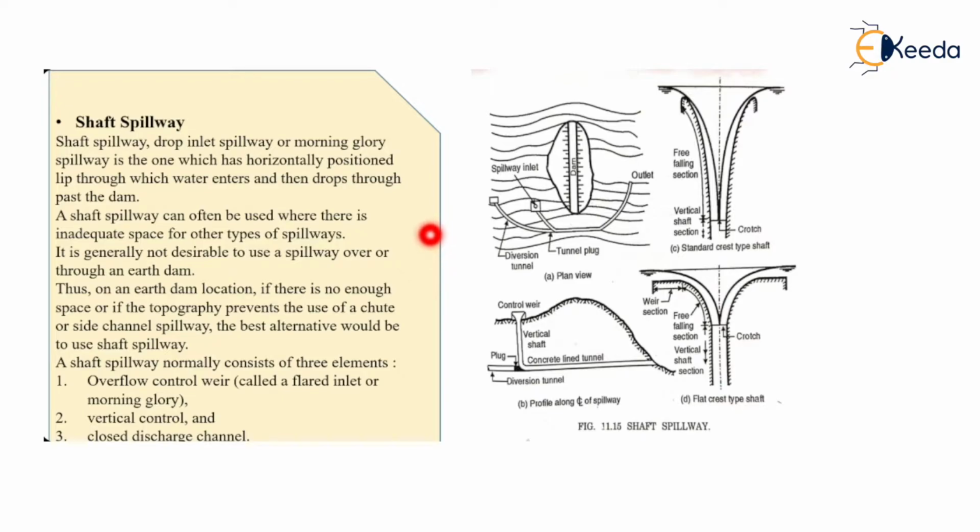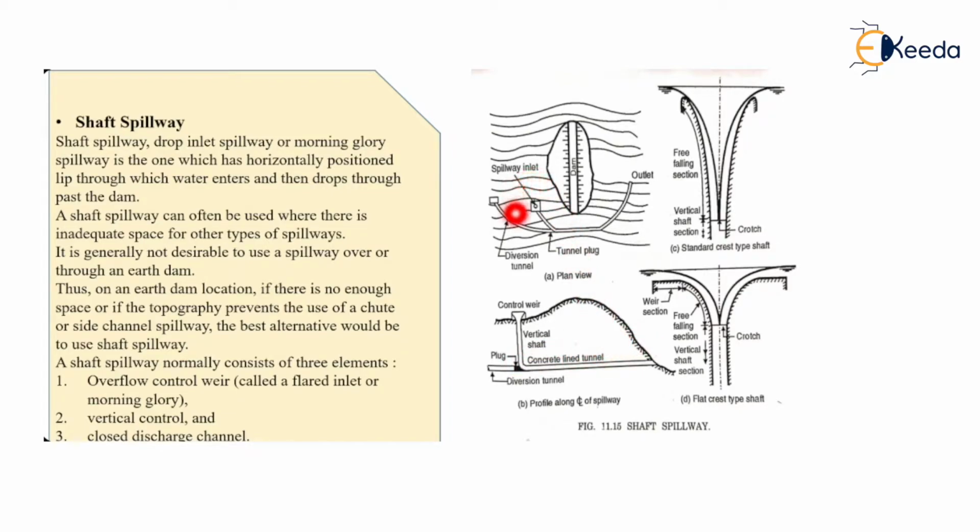Once the water level starts increasing because of heavy rainfall, the water will discharge through this inlet, travel to the vertical shaft, and then again pass through this tunnel section.